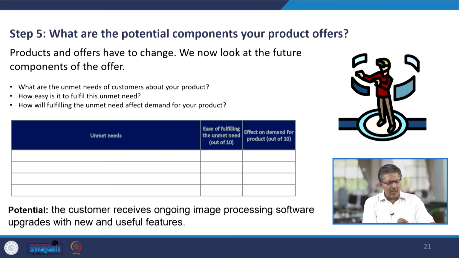So, they are trying to ask questions like what are the unmet needs of the customers, what do customers need which we could not have met till now, how easy is it to fulfill this unmet need, how will fulfilling the unmet need affect the demand for my product. Now, after doing this exercise, the potential says the customer receives ongoing image processing software upgrades with new and useful features, for example. So, new technology, you upgrade them. This is something that is regularly offered by the marketer.